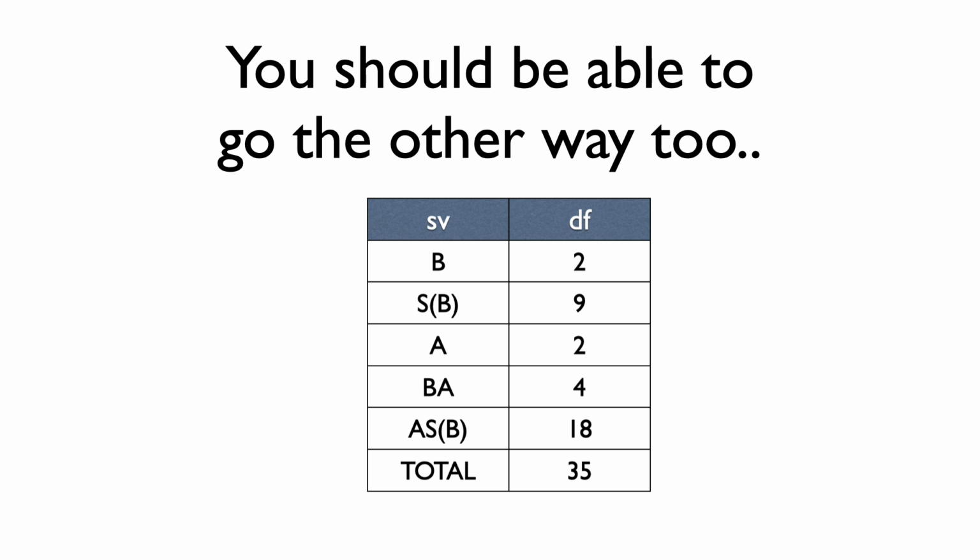So if A by S within B is 18, that means A minus 1 times n minus 1, sorry, I'm doing that wrong. Isn't it? Yes. No, that's right. A minus 1 times n minus 1 times B equals 18.